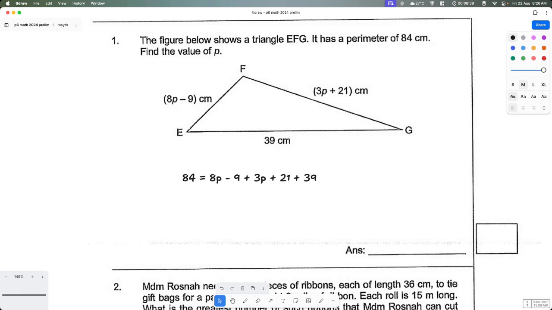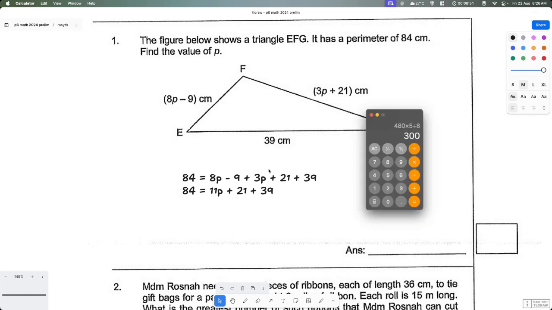Let's calculate everything including the p. So 8p plus 3p will become 11p. Then we have minus 9, so let's use our calculator.